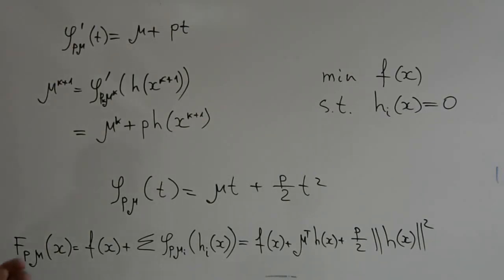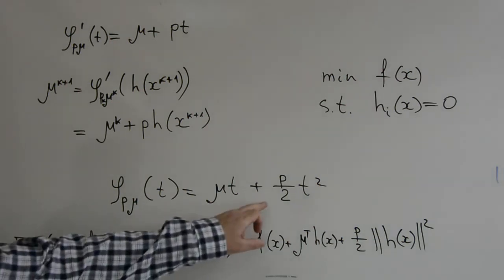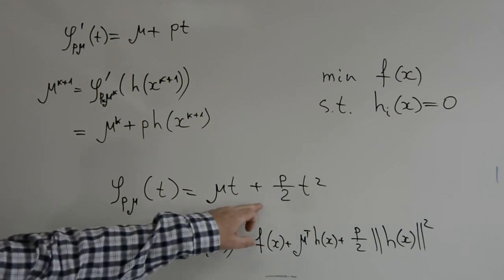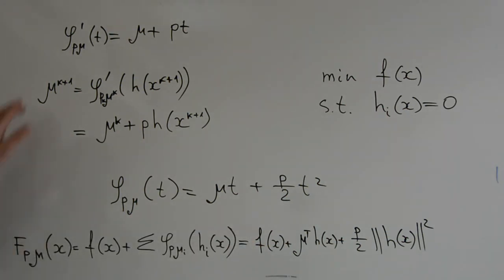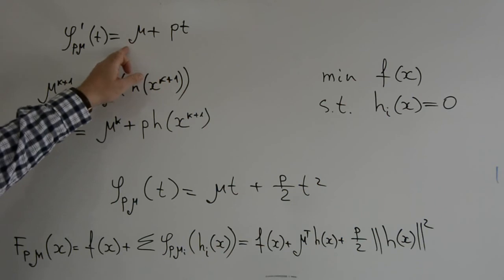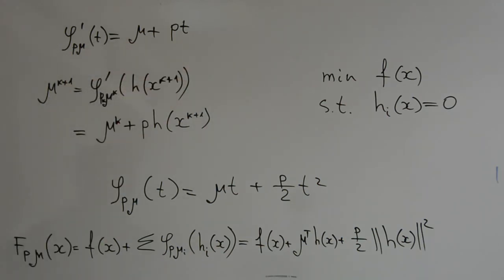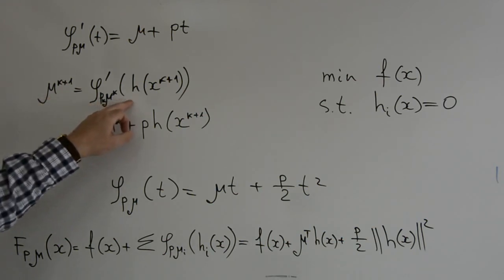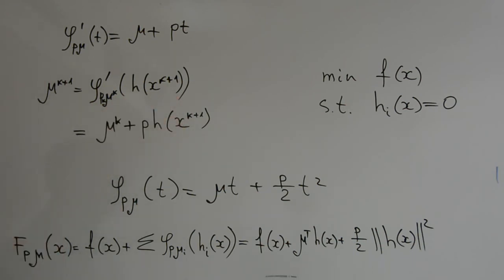Now, just one word about the update of multipliers in this case of equality constraints. So we see that the penalty multiplier function has this special form, and its derivative is very simple. It's just mu plus p t, and like we remember, for the update of multipliers, the new multiplier at the new iteration is just the derivative of the penalty multiplier function with respect to the corresponding constraint.